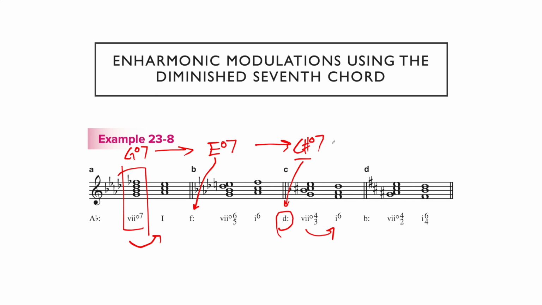And the last one is spelled as A sharp diminished seventh. A sharp is the leading tone and it belongs to B minor, or B major as a borrowed chord, and the resolution will be to a B minor chord.